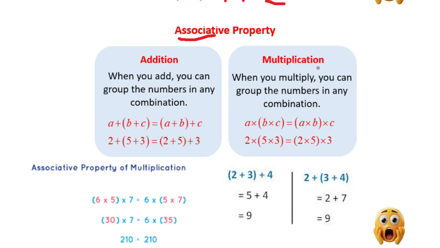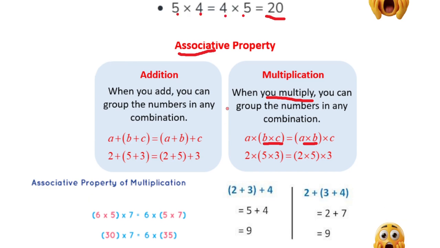Now in multiplication, when you multiply, you can group the numbers in any combination. An example can be A times B times C, which is also A times B times C. So, no matter what you do to them, it will give you the same answer.